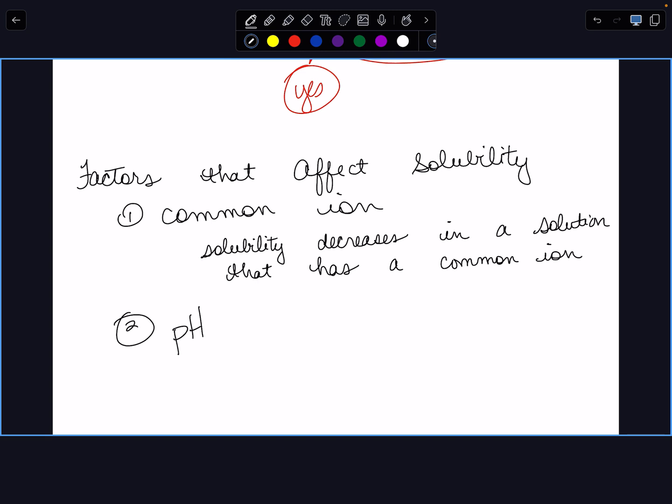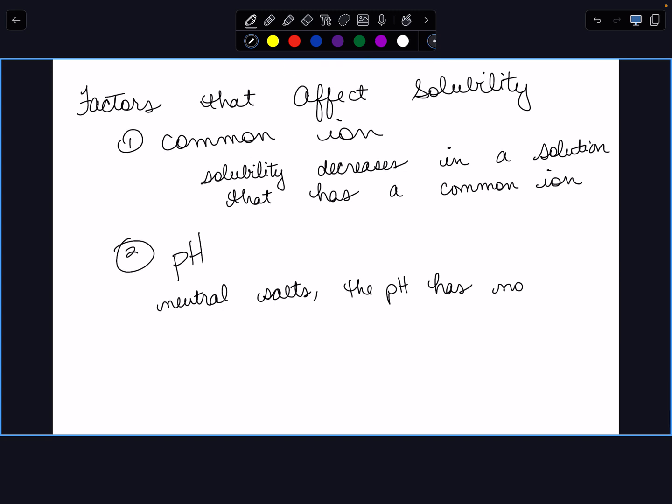A strong base and a strong acid makes a neutral salt. If the salt is neutral, then adjusting the pH of the solution will do nothing to its solubility. So for neutral salts, the pH has no effect on solubility.